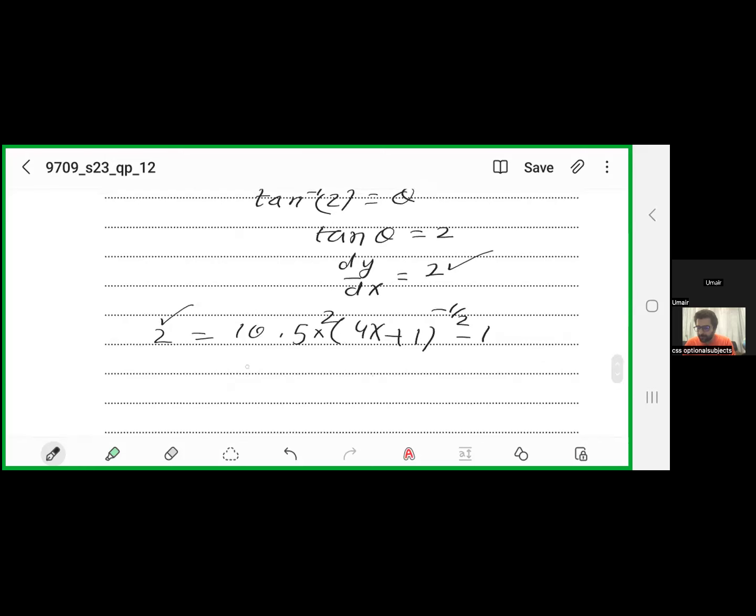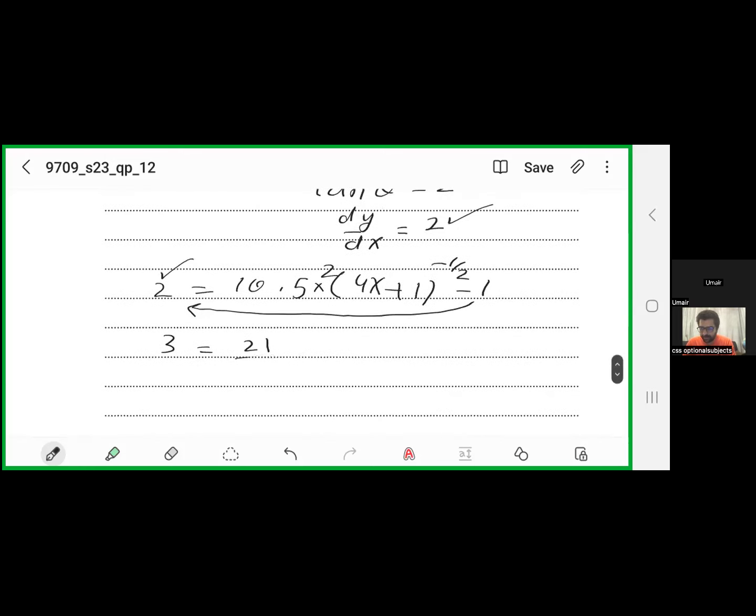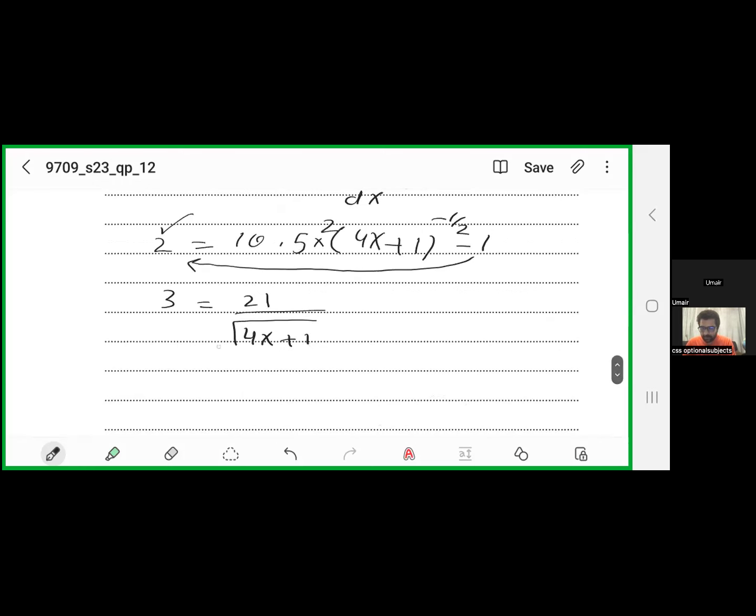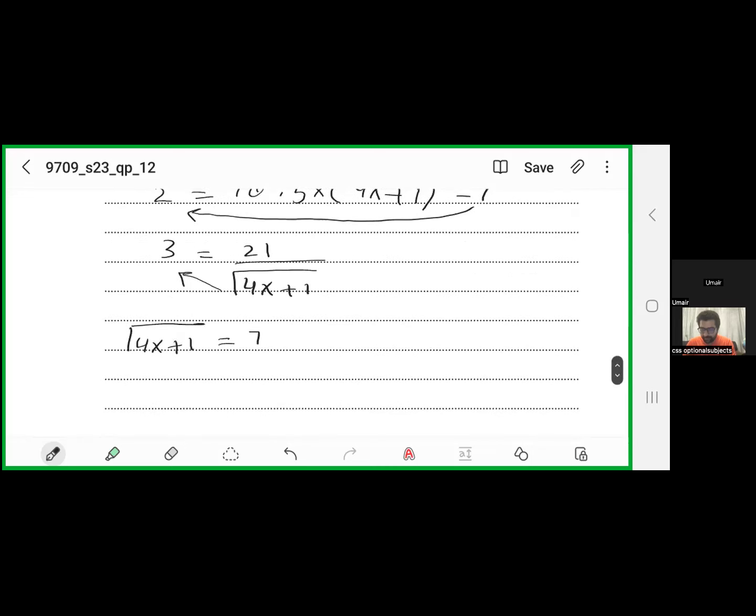Okay, so this 1 will be going over here. We will be adding 1 to this 2, it will become 3. 10.5 into 2 is 21, divided by under root 4x plus 1. Now move it over here. Under root 4x plus 1 is equal to 21 divided by 3, which is 7.